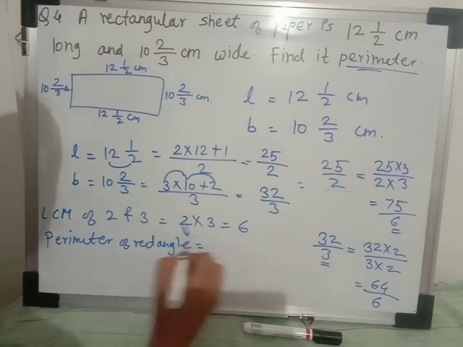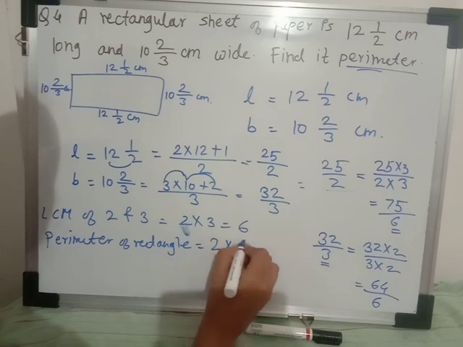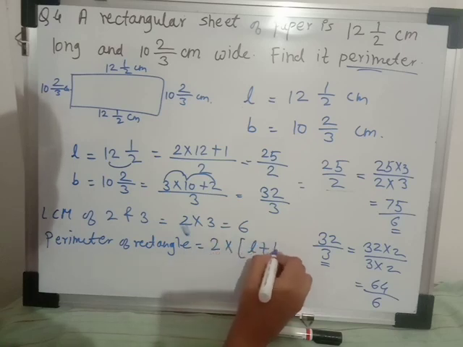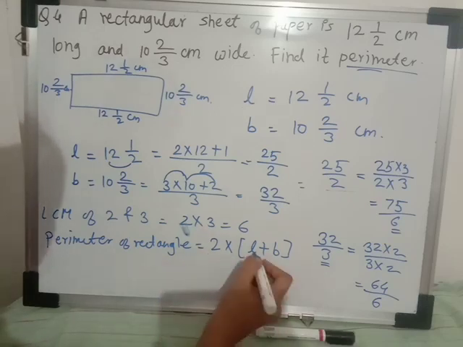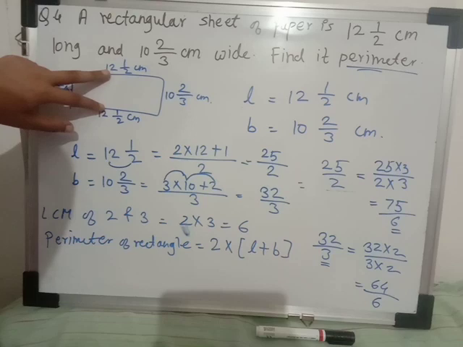Okay, so here the perimeter of rectangle is 2 multiplied by in bracket L plus B. Why 2 multiply by? Because L and B are on both sides, that is why.